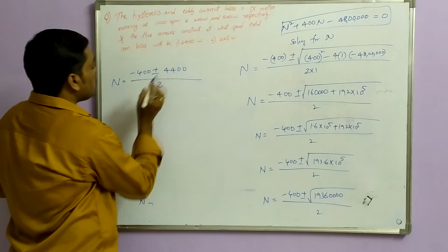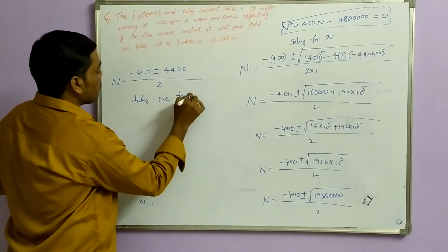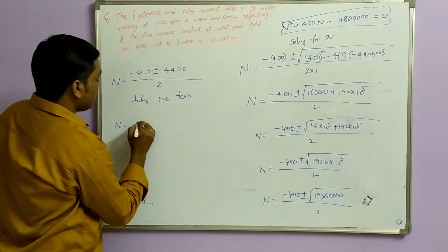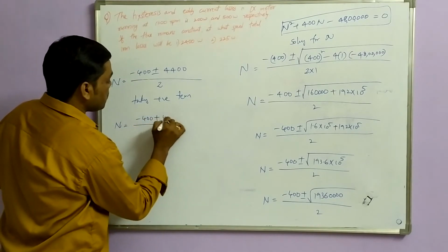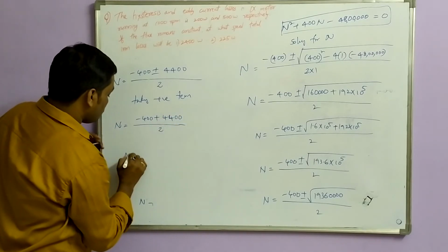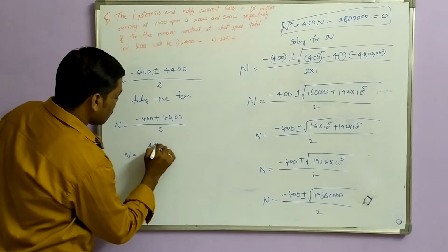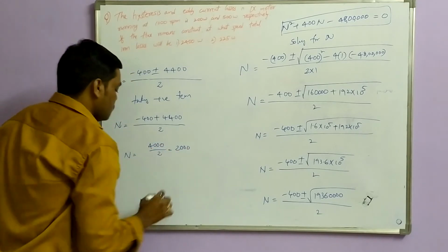4400 divided by 2. Now taking the positive term, so n equal to minus 400 plus 4400 divided by 2, so n equal to 4000 by 2, which is nothing but 2000.